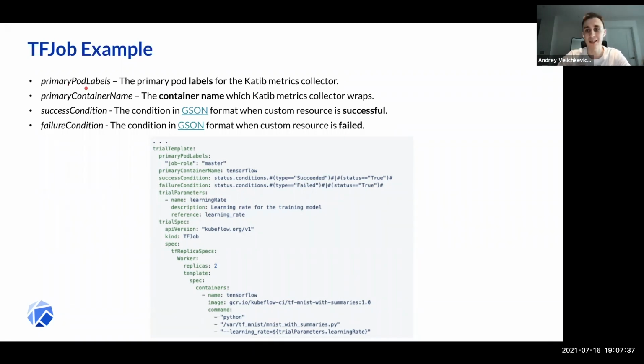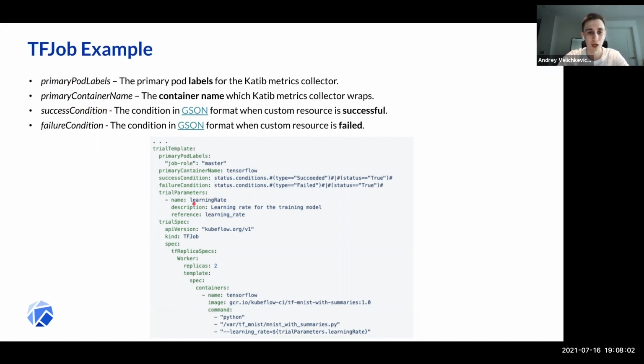So just the 4 simple parameters. First, primary pod labels, which specify which labels your training container pod has. In case of TFJob, our main training container will have the master label. You also need to specify the primary container name, which is the container running your hyperparameter tuning job.